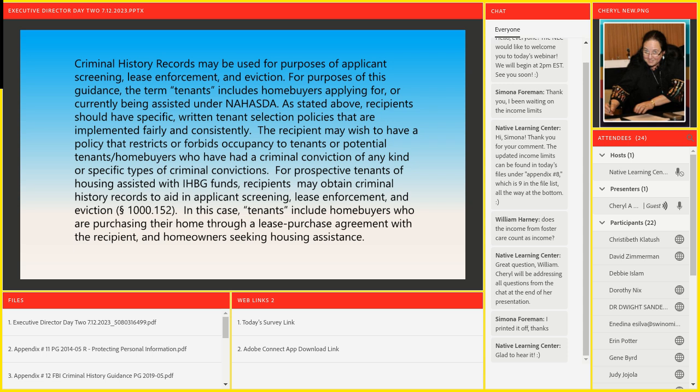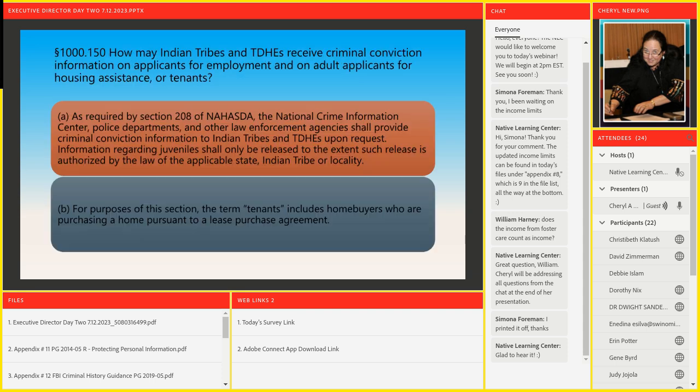You can read about that in the regs at 1152. In this case, tenants include homebuyers who are purchasing their home through a lease purchase agreement with the recipient and homebuyers seeking housing assistance. So even down payment assistance, okay? But we are allowed to run that criminal background.